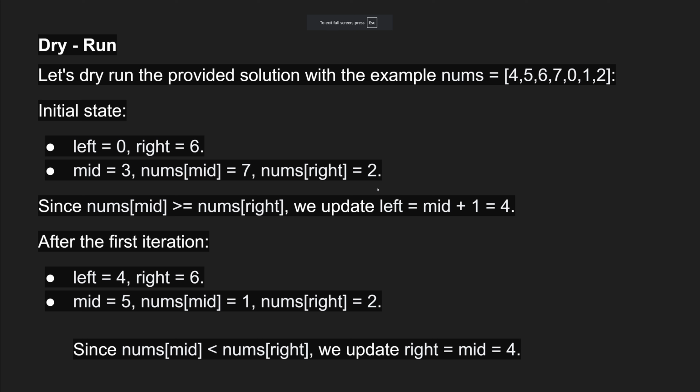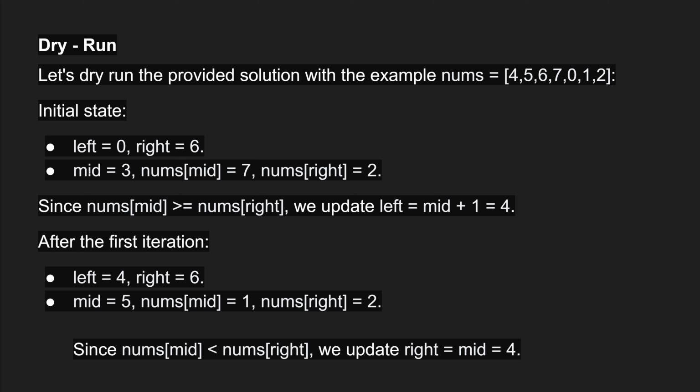Let us take the example which is given: 4 5 6 7 0 1 2. This is the array nums, and we need to find the minimum value, which is basically 0. Initially, we assume left is equal to 0 and right is equal to 6, because it is length of nums minus 1.